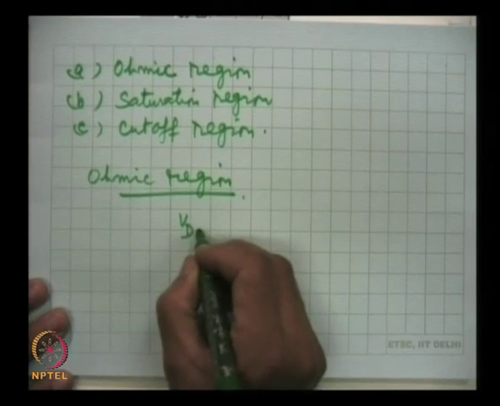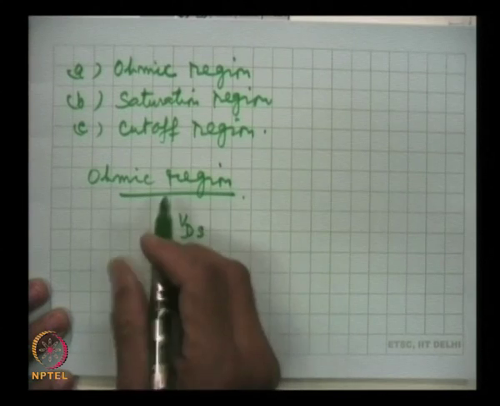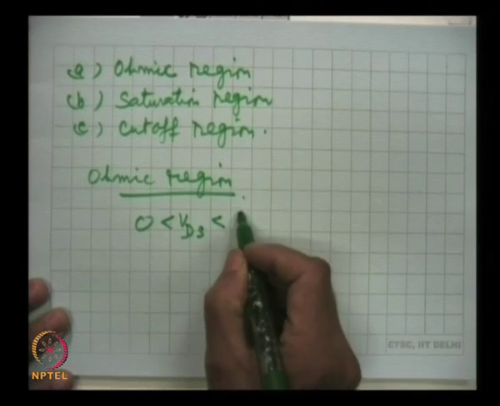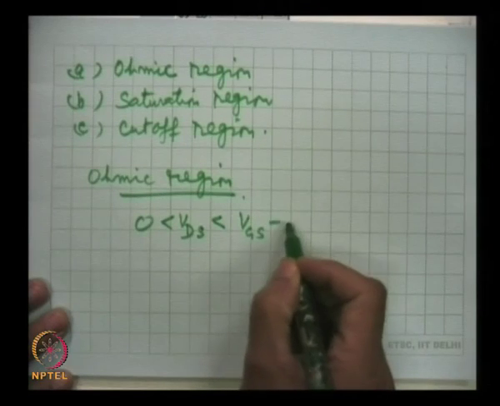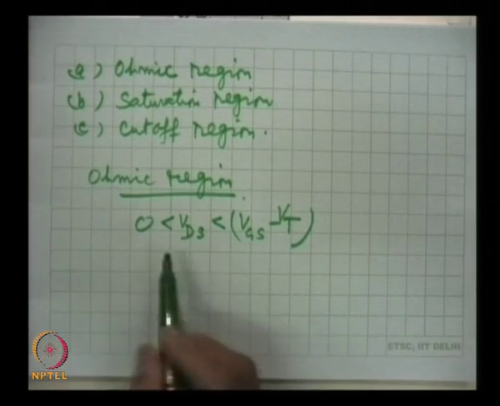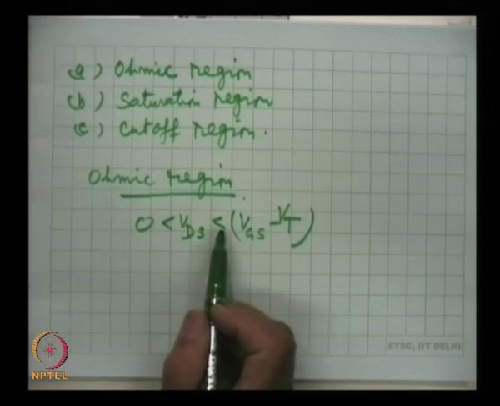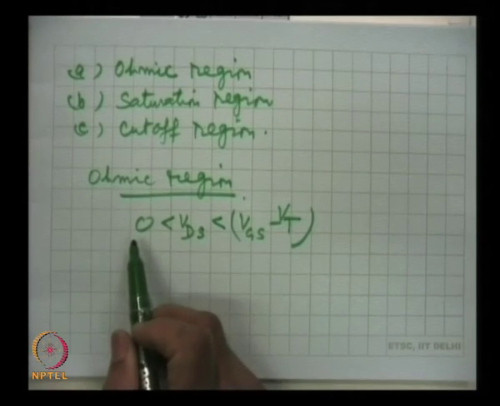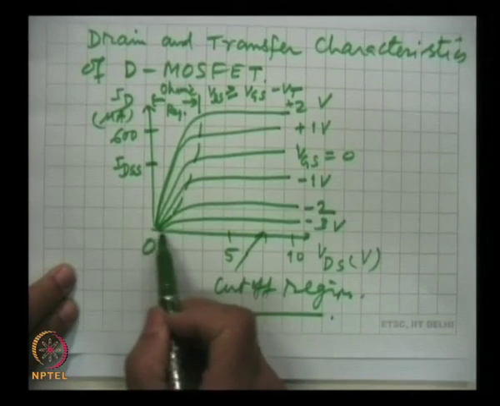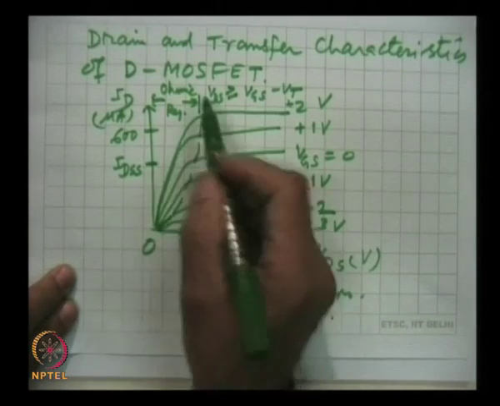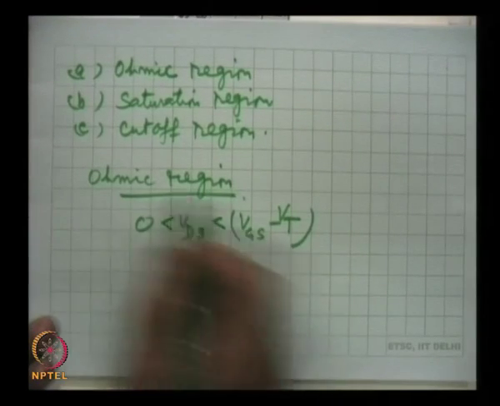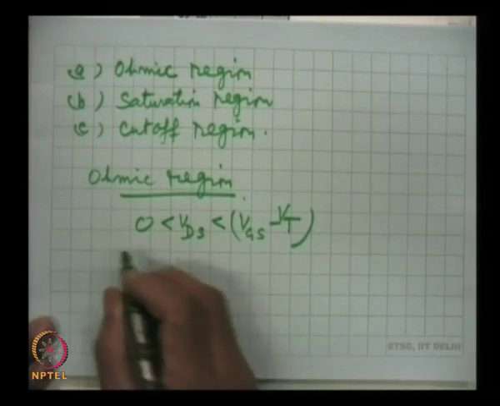VDS is greater than 0, but less than VGS minus VT. This is the value of VDS, and this is the 0 point. So, it has to be more than 0, but less than this, and then we get the ohmic region.